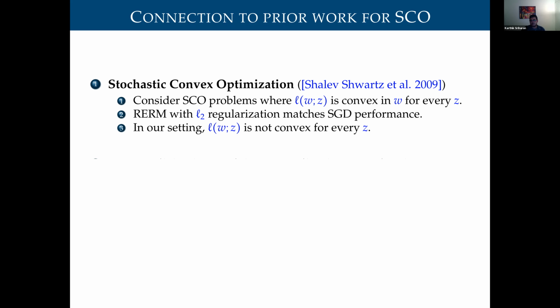What this work in 2009 shows is that whenever the instantaneous loss small l is also convex, then regularized ERM with respect to L2 regularization will always work. So whether SGD is exactly running regularized ERM or not, regularized ERM will always work for such a setting. And so it's very important that in our setting, the small l is not convex for every z.